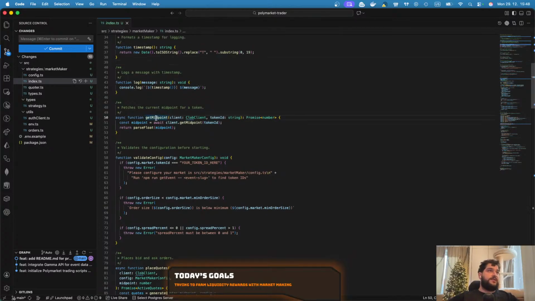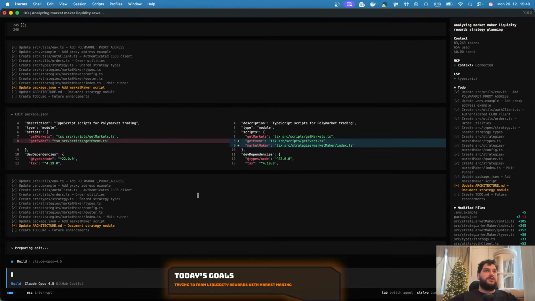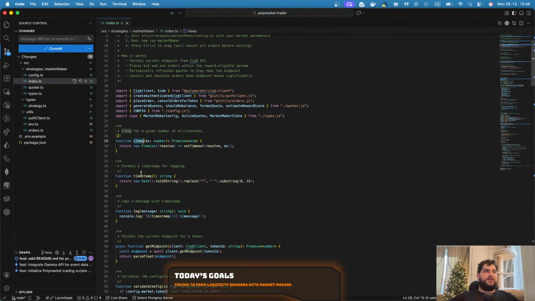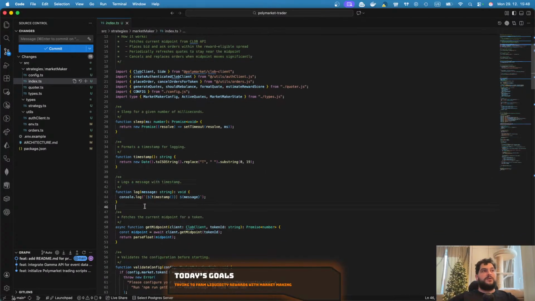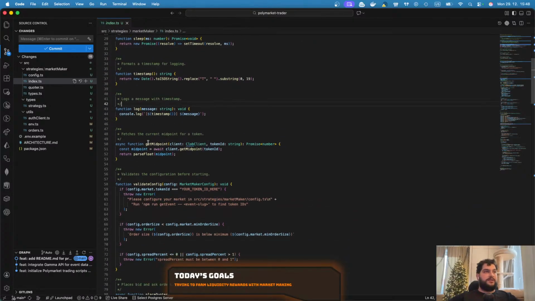Like for example, here again, I don't know why. Probably because the context is too big already. That's why it just did not do what I asked it to do before, to actually keep all these functions separated in utils and so on and so on. So yeah, we'll do that later.